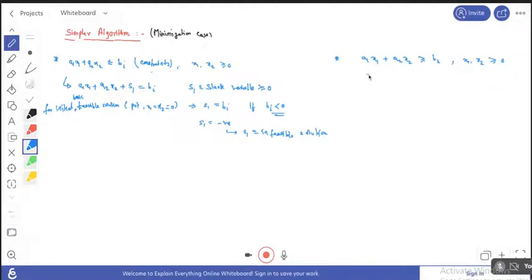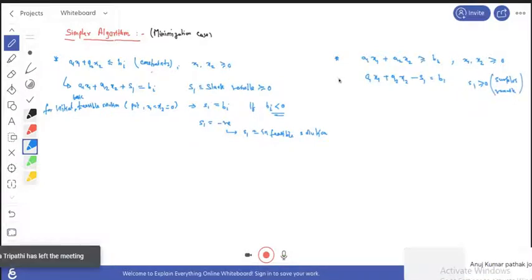Because this is a greater-than-or-equal-to sign, you introduce a surplus variable, so that this equals b1. This s1 is greater than or equal to 0, and this is your surplus variable, to put the inequality constraints in standard form.